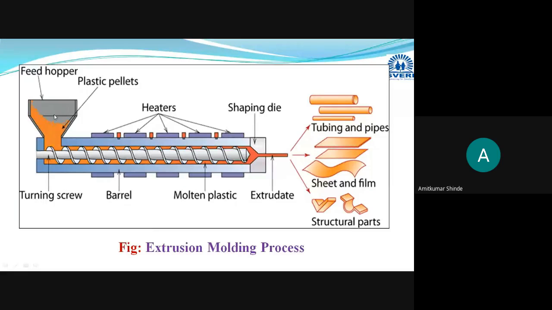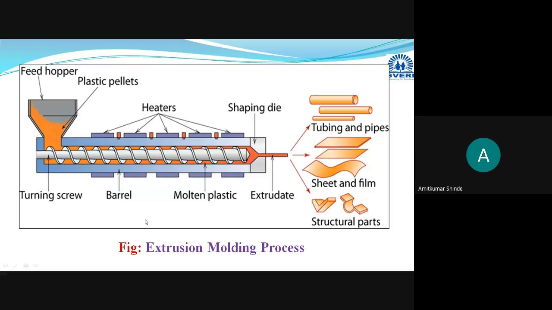In this hopper we pour the raw material in the form of small granules or pellets. Broken raw material will be termed as pellets, or it may be termed as granules. These are the plastic pellets mentioned here. Now this is the hopper, this is your first stage.